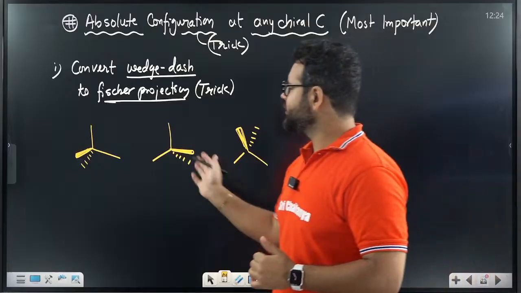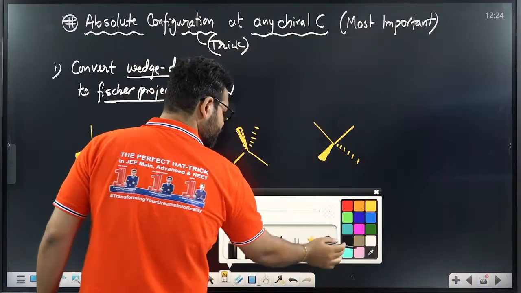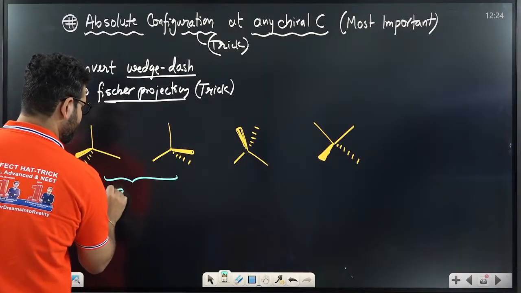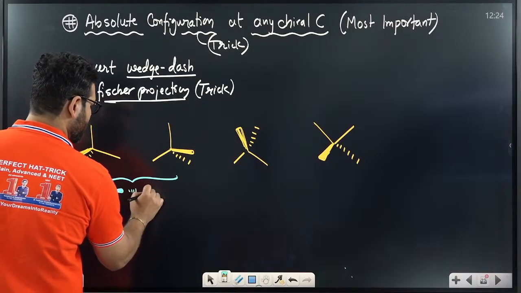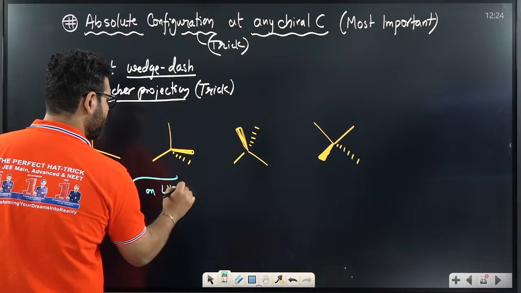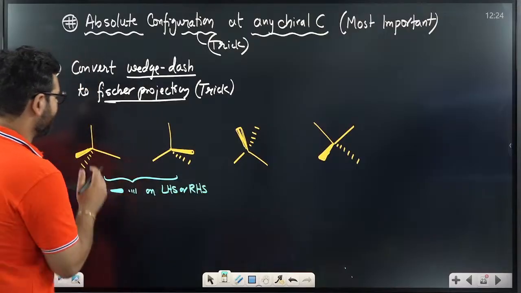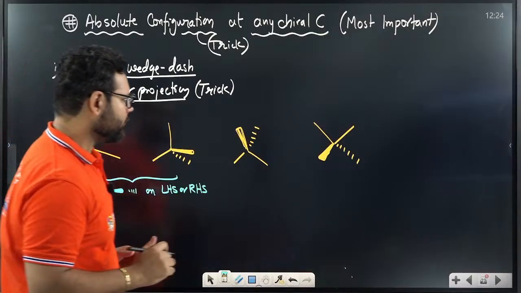One is wedge and dash on left and right. Trick 1 applies here: wedge dash on the left hand side or right hand side. You can see here, wedge dash are on the right, and here wedge dash are on the left.